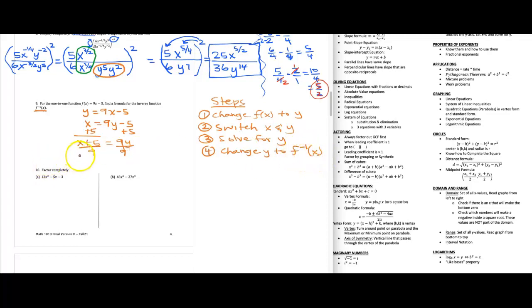When I write this down, I've got f to the negative 1 power of x, or the inverse of f of x, equals x plus 5 all over 9. And that is your answer. That is the inverse. It's just those 4 steps you have to take to find the inverse.